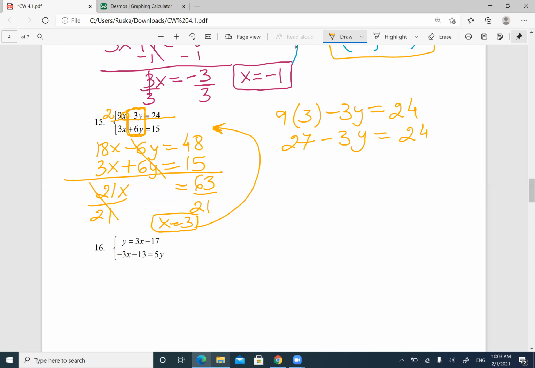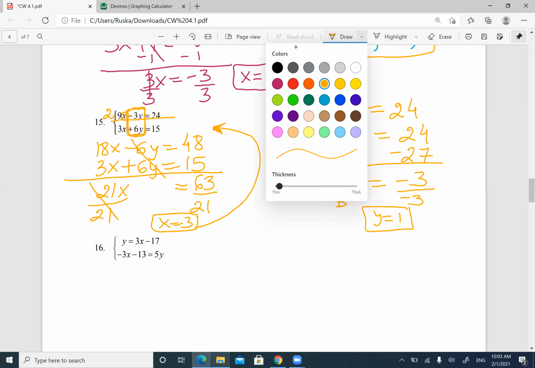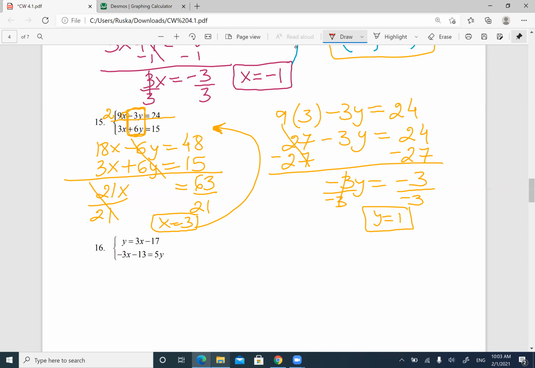I'm going to subtract 27. And you're going to get negative 3y equals negative 3. Divide by negative 3. So it's going to be y equals positive 1. And then the final answer is going to be x comma y. So the final answer is 3 and negative 1.